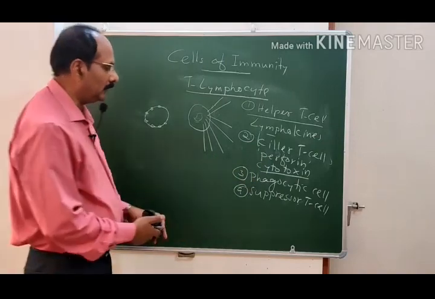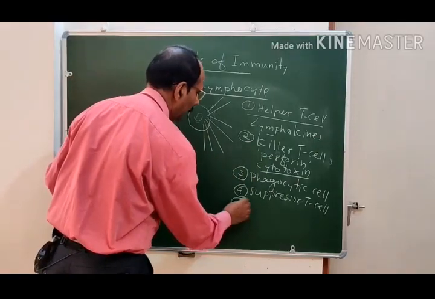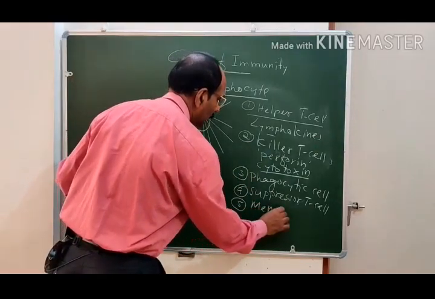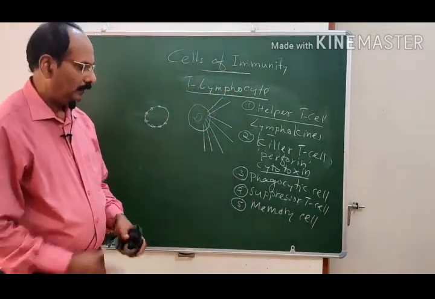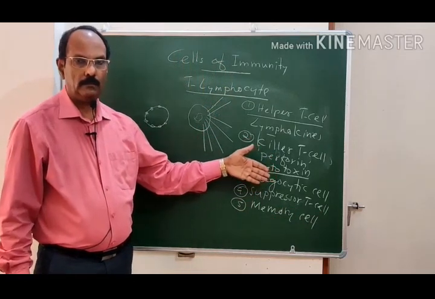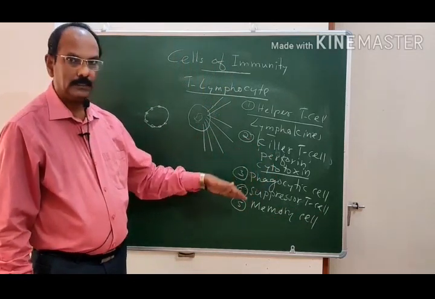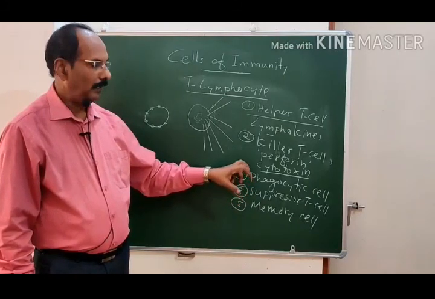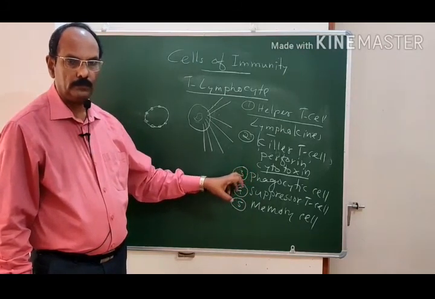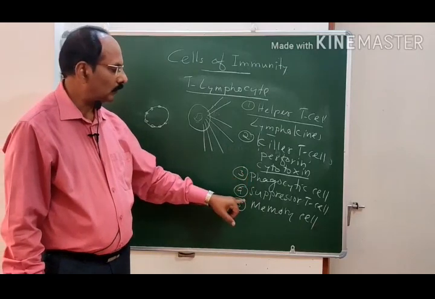Then another cell, the fifth one, is known as the memory cells. Memory cells are the sensitized cells, sensitized to the antigen or the microorganism, and this sensitized property remains for life in the body fluid of the person. So it is known as memory cells.